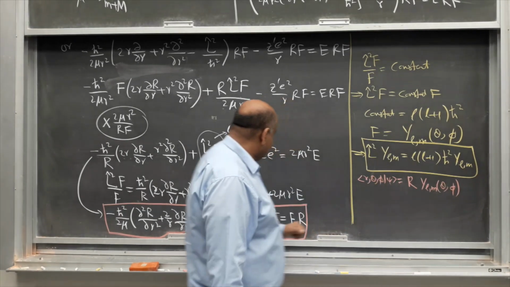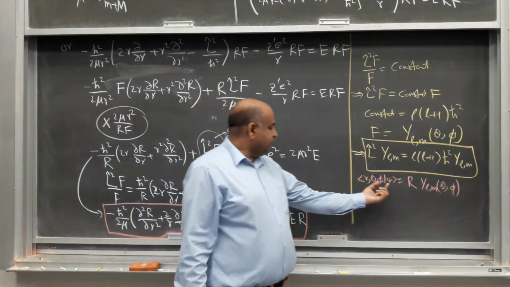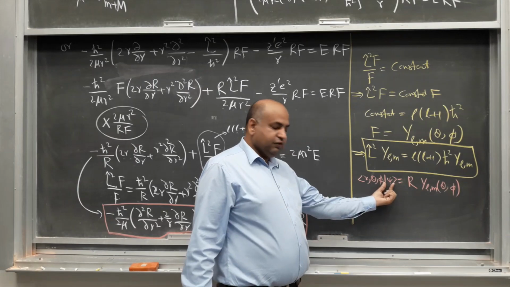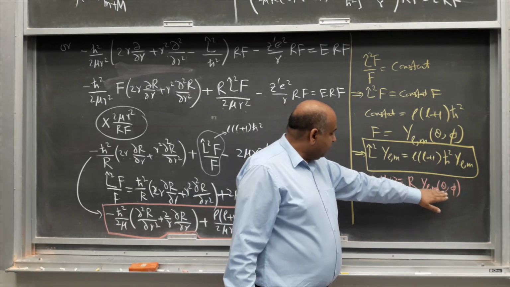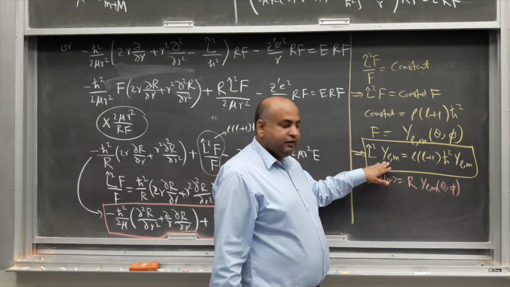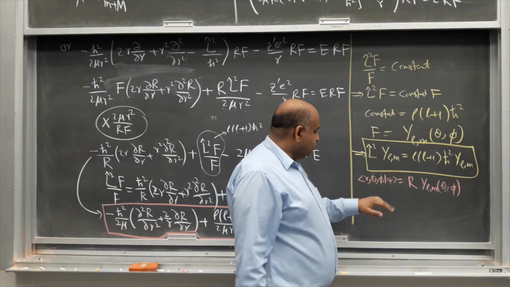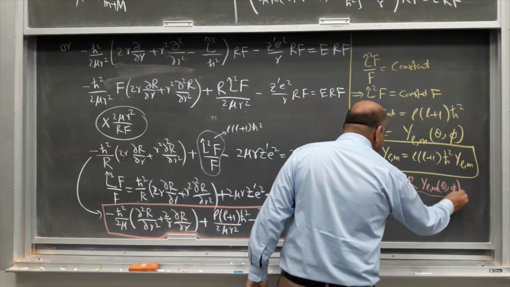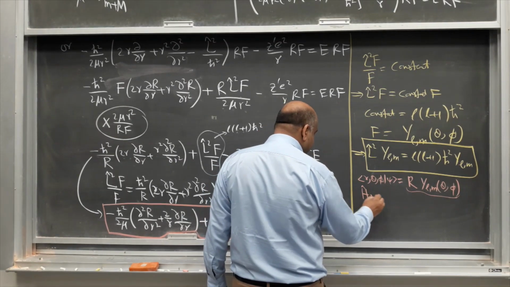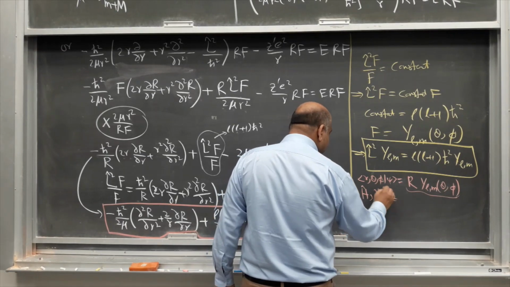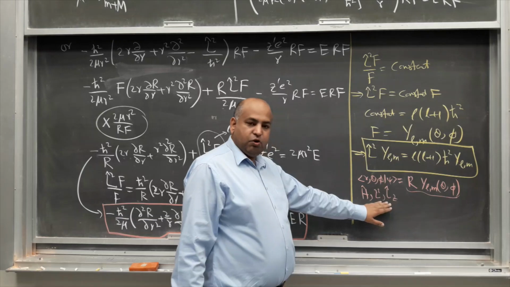It is an eigenfunction of the Hamiltonian operator, because we started with it like this. But now we have additionally seen that its theta phi part is an eigenfunction of the L square operator, and we already know that this Y_LM are eigenfunctions of the LZ operator as well. So it means that this whole function is an eigenfunction of Hamiltonian, L square, and LZ. And all three are commuting operators.